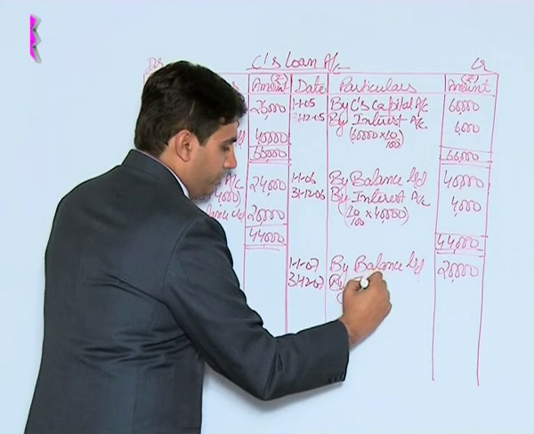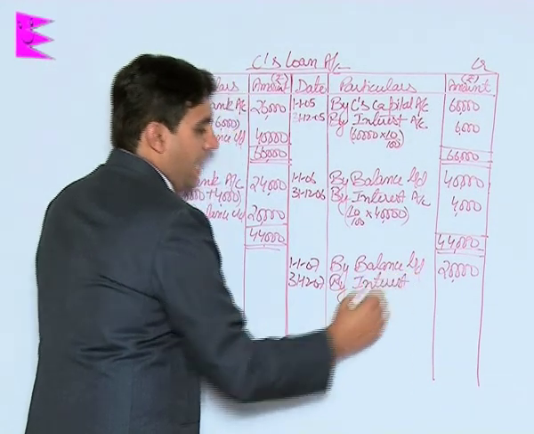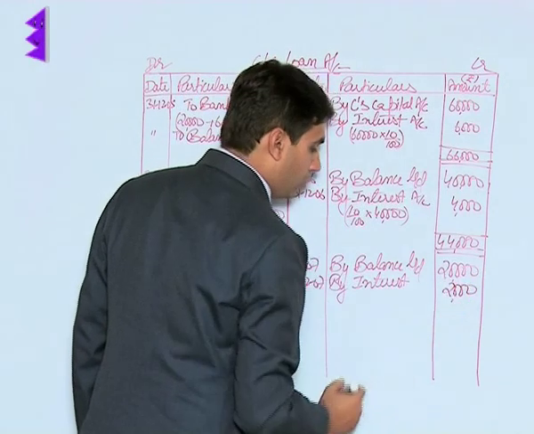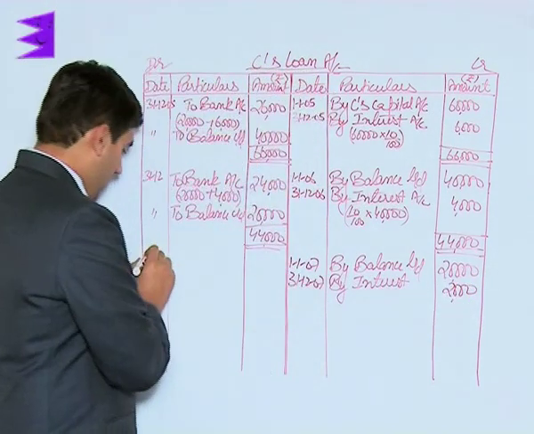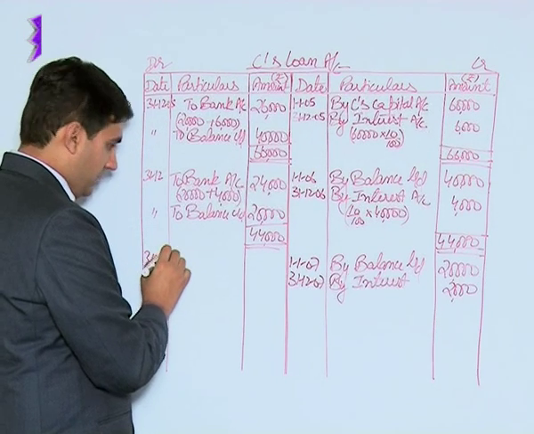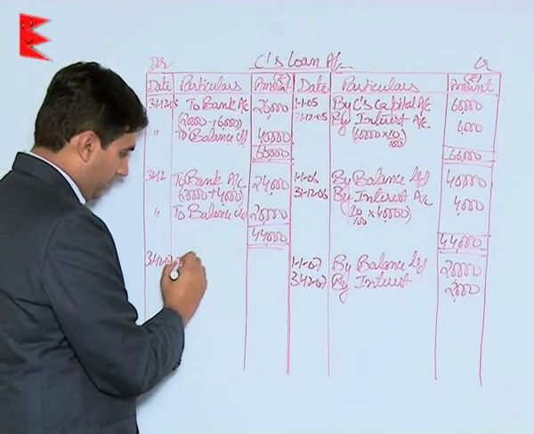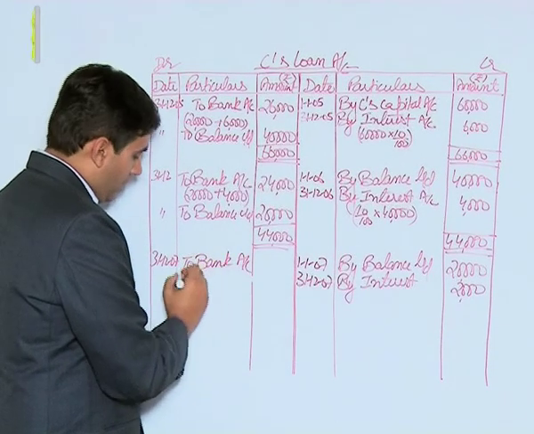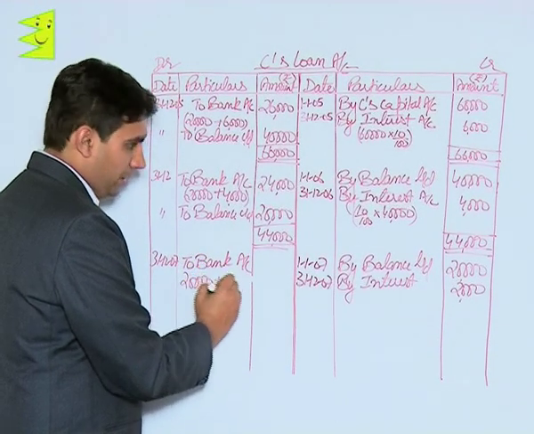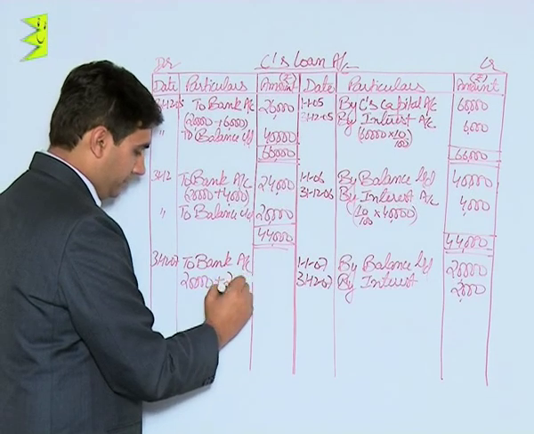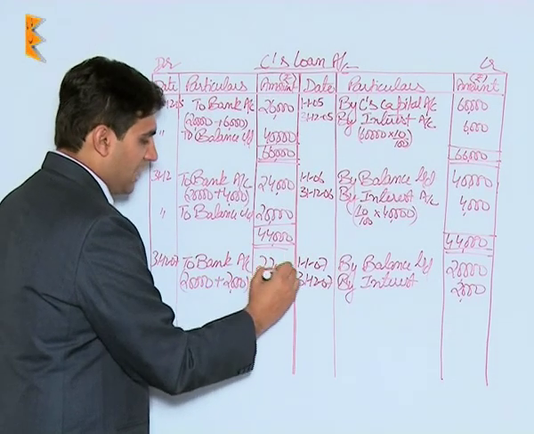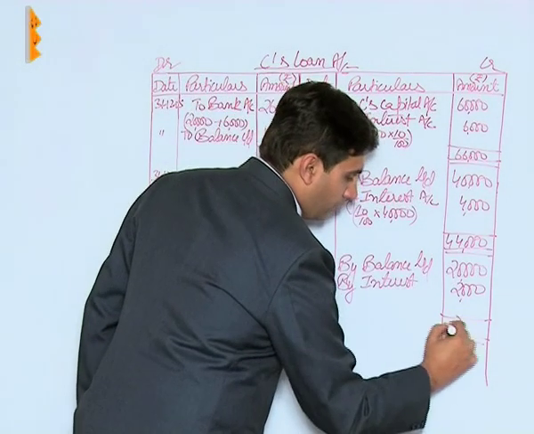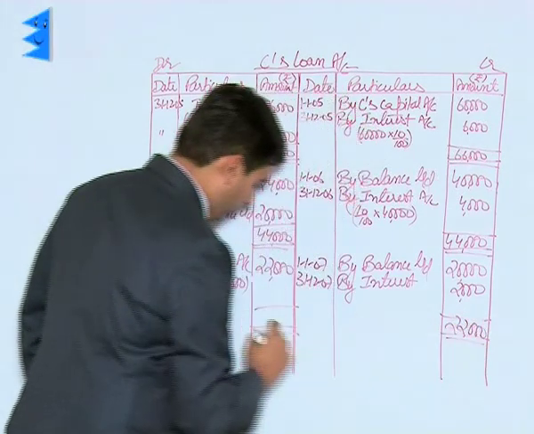Interest would be due at 10% of 20,000, which is 2,000, and on 31st December this particular year, that is 2007, the entry would be to bank account 20,000 rupees for the installment plus 2,000 for the interest, that is 20,000 would be discharged completely, and there will be no balance in the loan account. So the total is 22,000 both the sides.